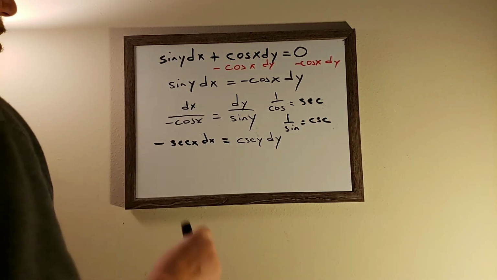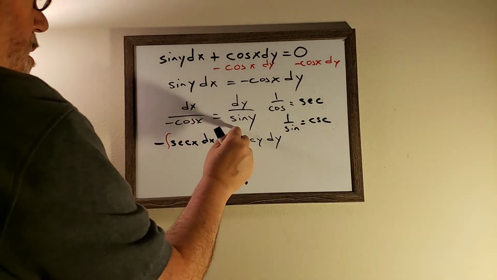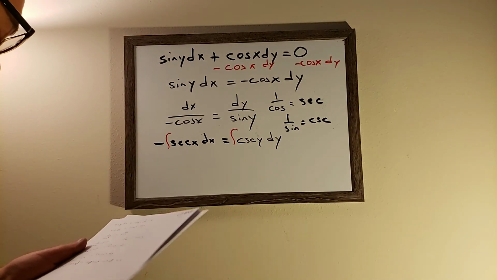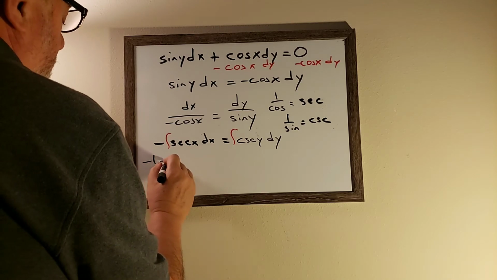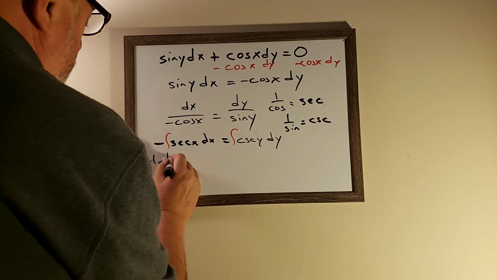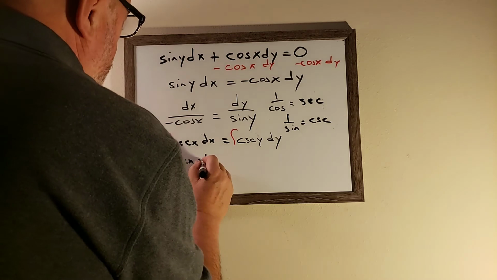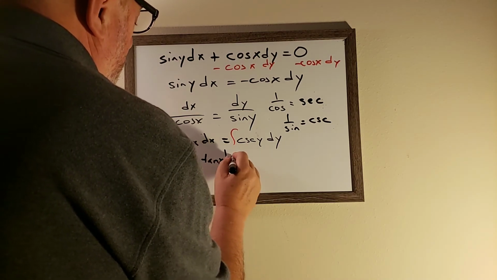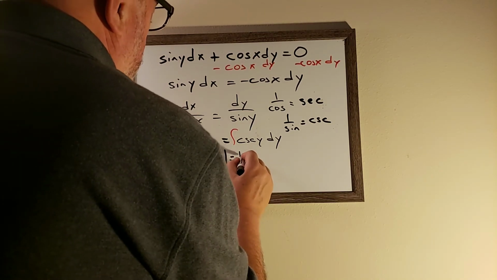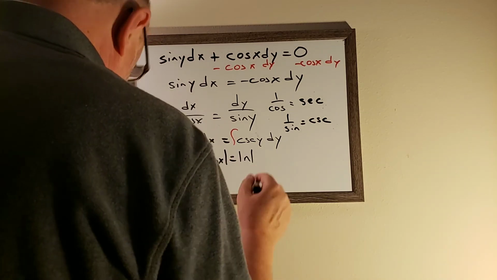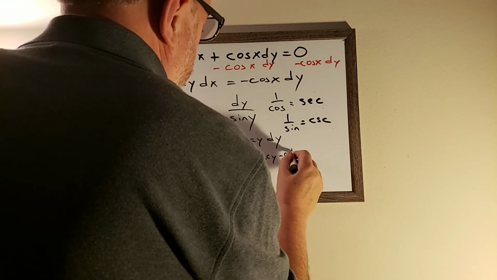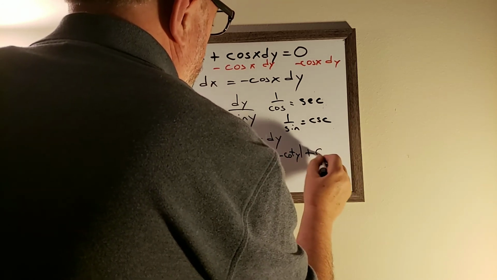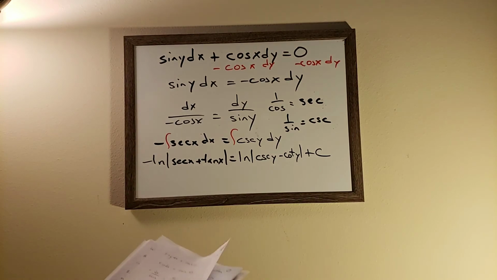And now we can do our integration. And so we'll integrate both sides. And so in terms of secant, when you integrate, you get the natural log of secant x plus tan x. And then over here, you get the natural log of cosecant y minus cotangent y plus c. And we integrate that one in regards to y.